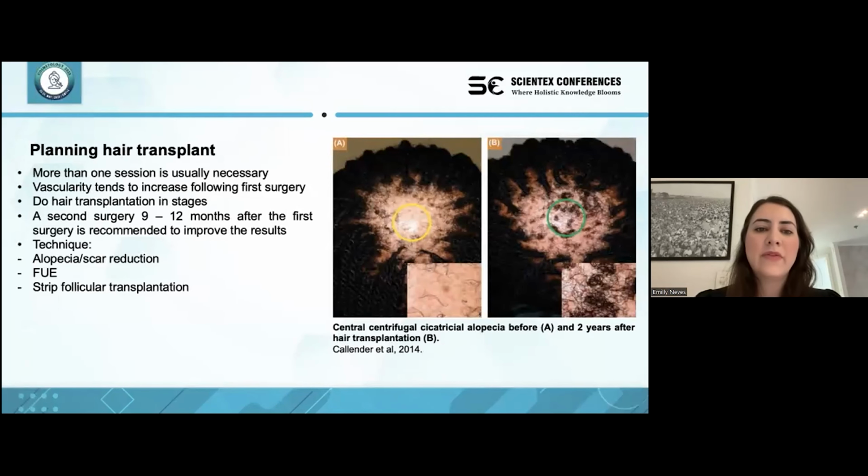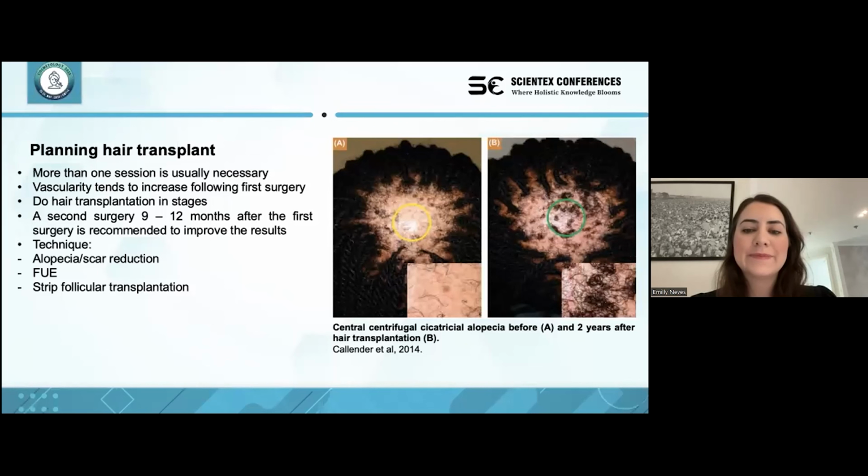As I said before, more than one session is usually necessary to cover all the scarring area. Vascularity tends to increase following the first surgery, so this is good news. We should do hair transplantation in stages. A second surgery must be performed 9 to 12 months after the first surgery.